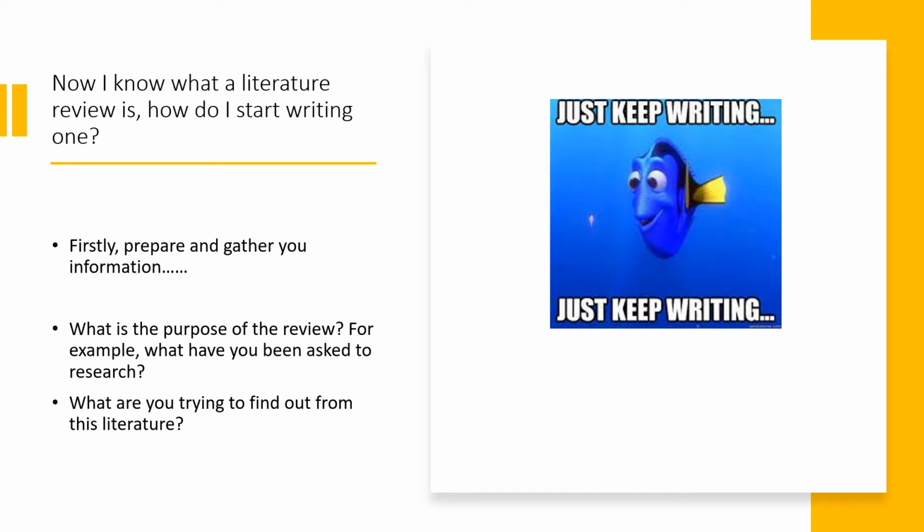And then what are you trying to find out from the literature that you're reading? First you need to get your purpose of the review down. Just write it out if you need to on a blank piece of paper, or type it out. What is the purpose of this review? Go back, look at what you've been asked to do. That's the purpose. Once you have the purpose written down, go back and see what you're trying to find out from the literature.